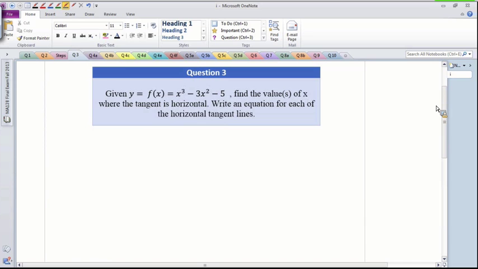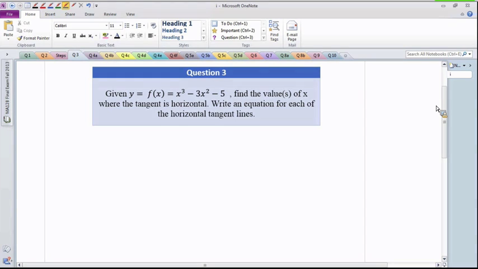Okay. So given that the function is equal to x to the third minus 3x squared minus 5, find the values of x where the tangent line is horizontal. Write an equation for each of the horizontal tangent lines. So the first step is to find what values of x where the tangent line is horizontal.